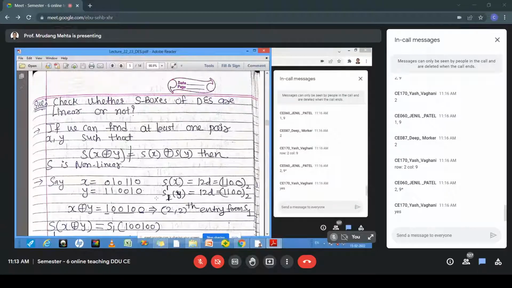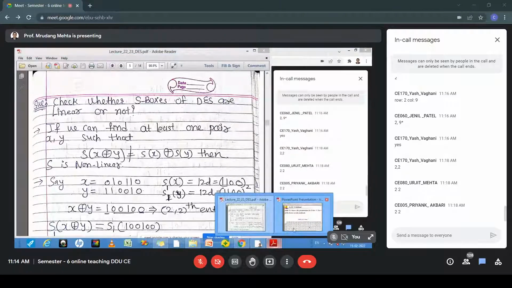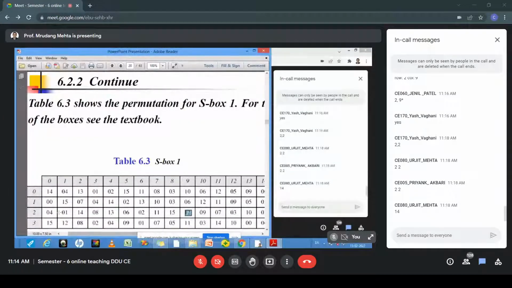So which row and column do we have to observe? First bit and last bit, that indicates 10. 10 is equivalent to 2. Then the middle 4 bits 0010, that is also equivalent to 2. So row number 2, column number 2. Let us see what the value is.